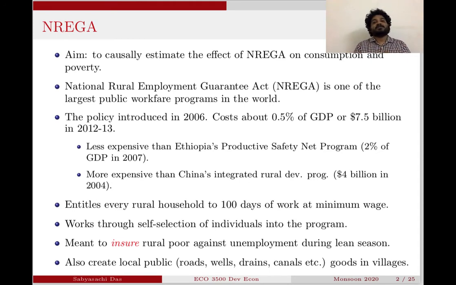So each village panchayat is in charge of creating a list of work that the village needs. So it could be, for example, building a new road, or repairing a road, or creating wells, drains, or maintenance of local primary schools or health centers, etc.